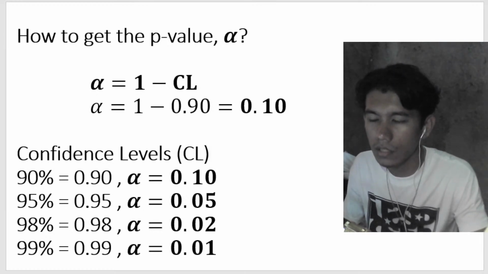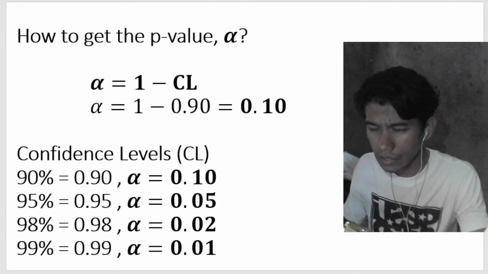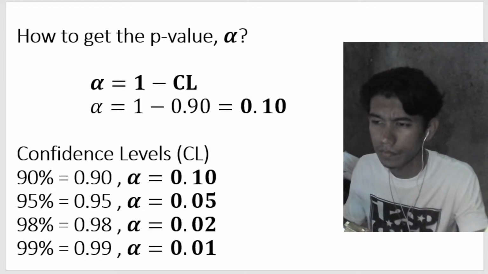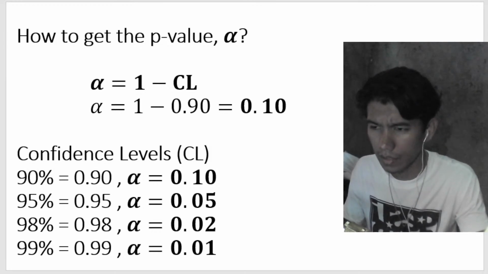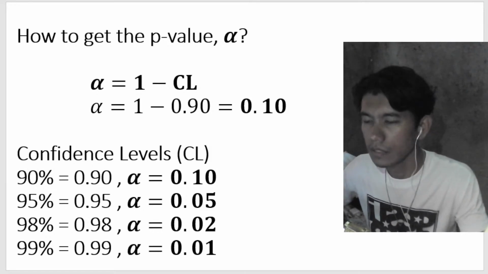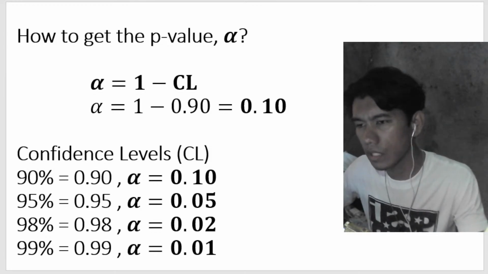Now, this CL is the confidence level, which is used for most tests, and some values that we use are 90%, 95%, 98%, and 99%. For this example, I'm using 90%.